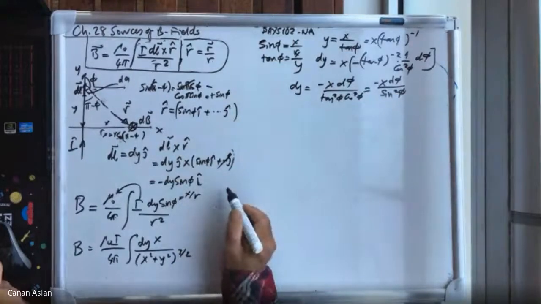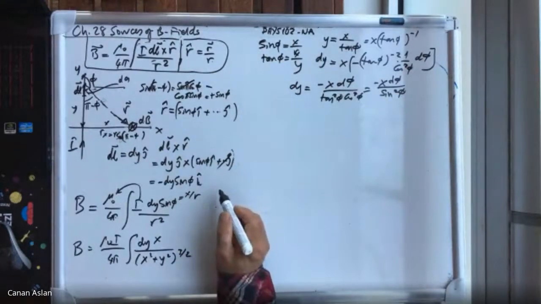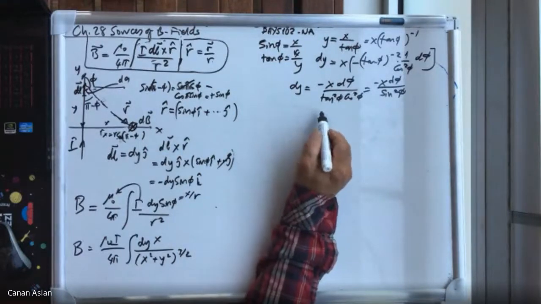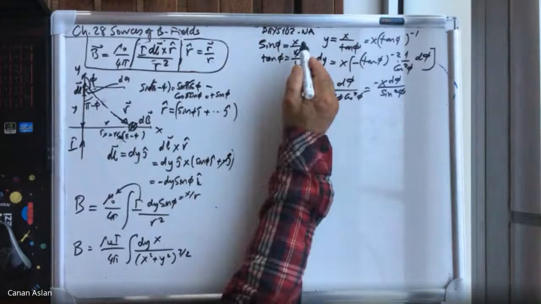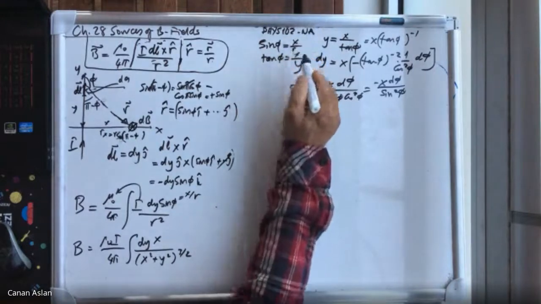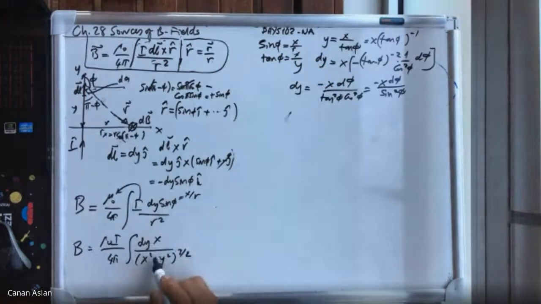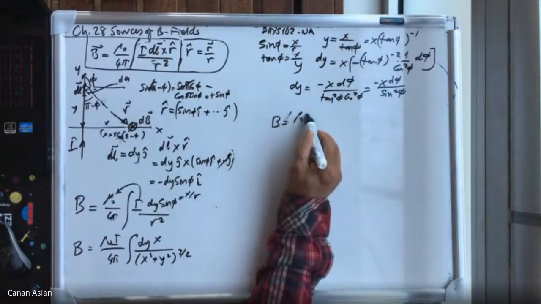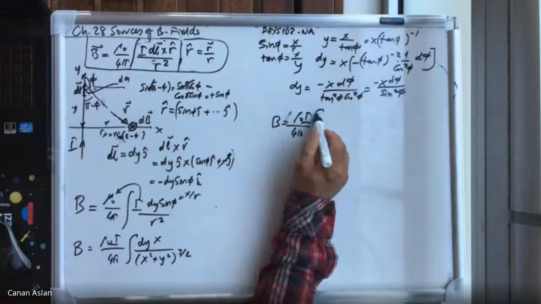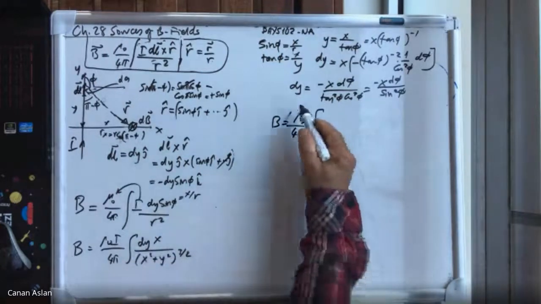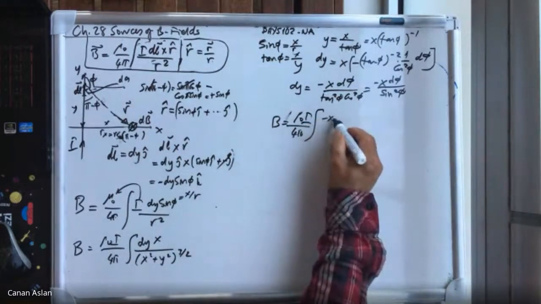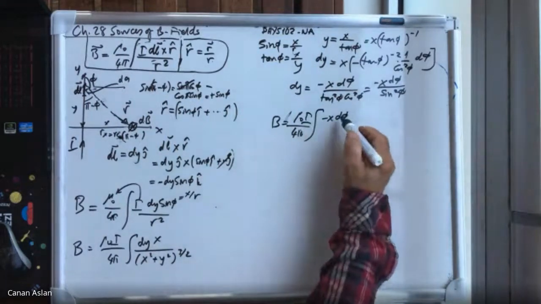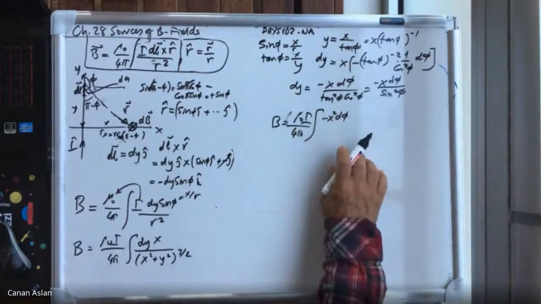So after this tedious algebra, we found this. Now also we have sine phi. Don't forget, we have to put sine phi as x over r, so that this expression will give you B. B will be equal to mu0 I over 4 pi, multiplied by dy, but dy is this, minus x d phi, and there is another x.